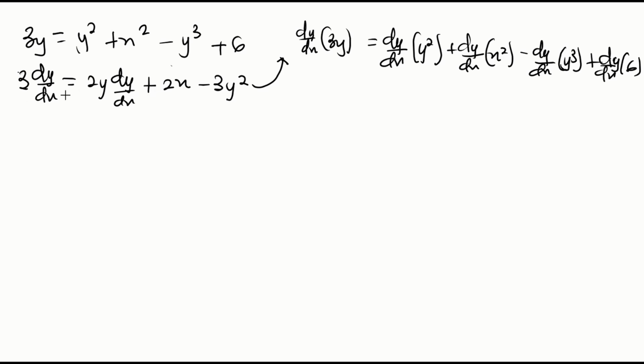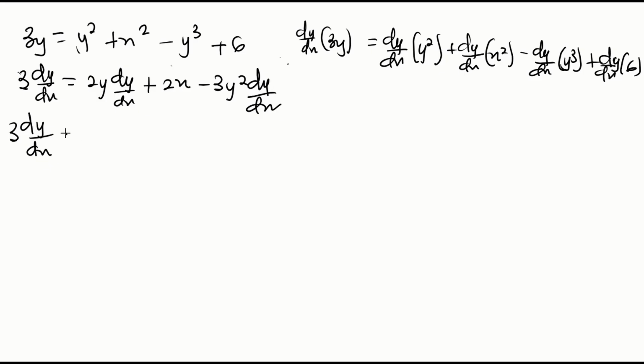Now we can finally put every term that contains dy dx together. Here we identify that this is y to the power 3, and we need to multiply it with dy dx. So let's put all the terms that contain dy dx together. I have here 3 dy dx.